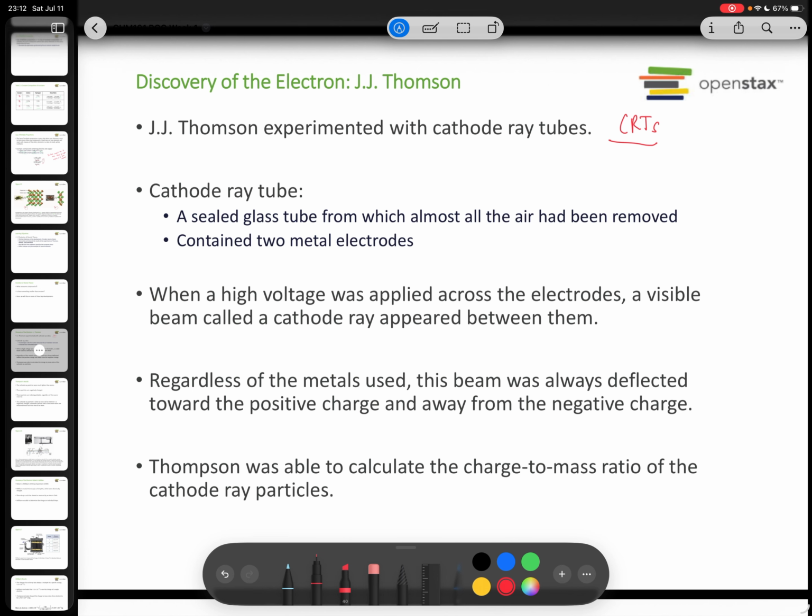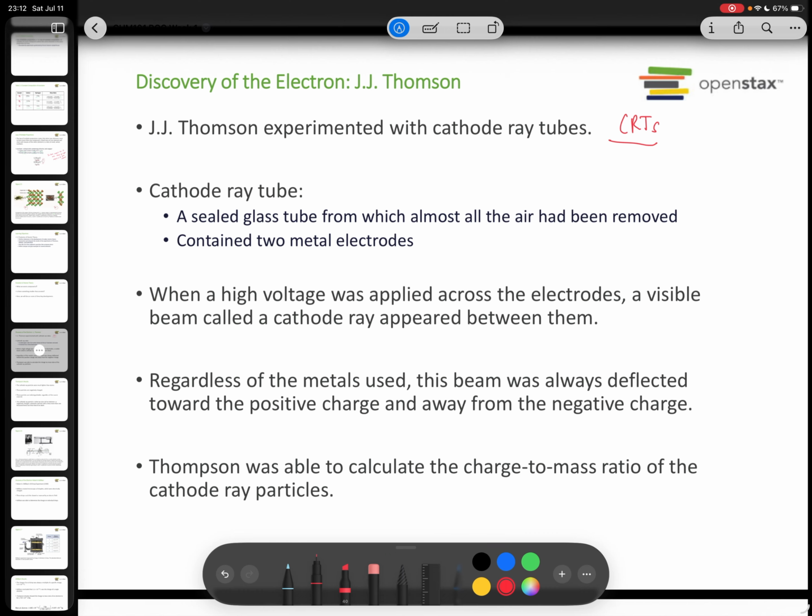So inside it are two metal electrodes. So when high voltage is applied, a visible beam called a cathode ray appears doon sa tube. So Thomson observed that the beam was deflected toward a positive charge and away from a negative charge.